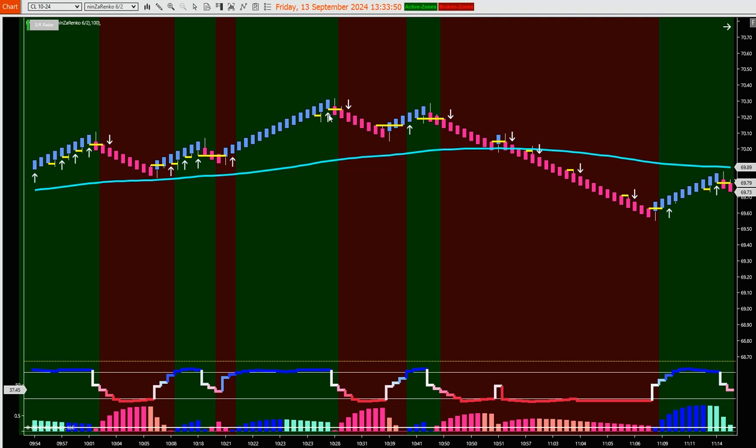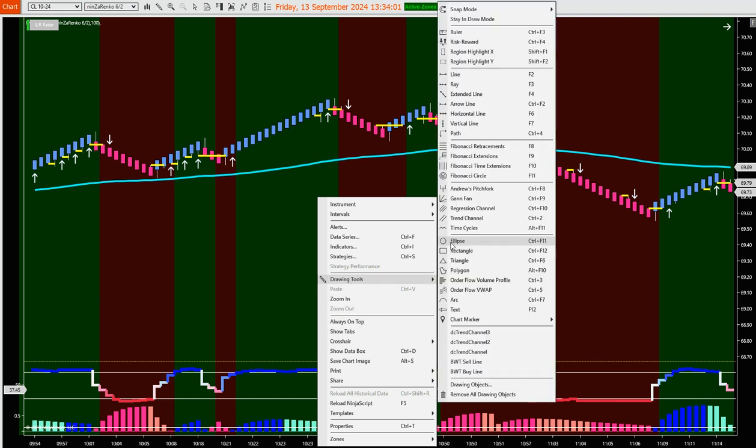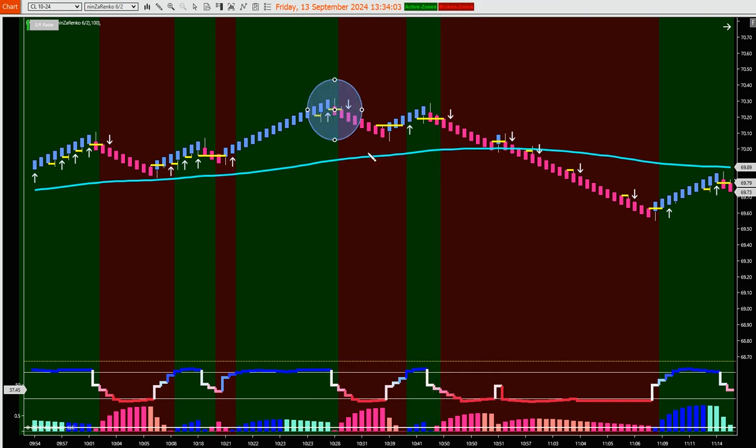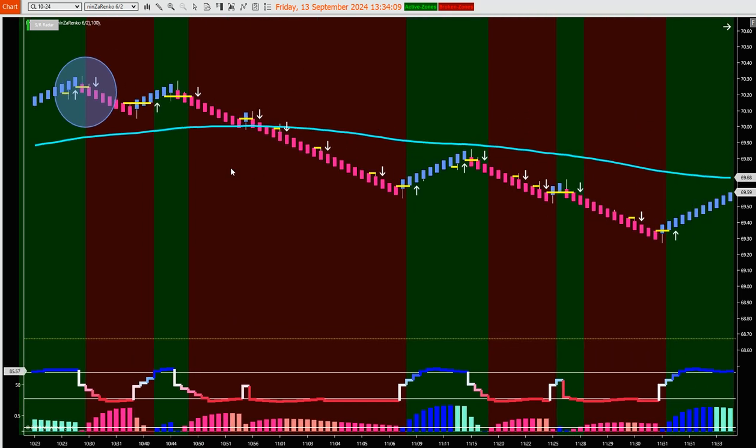So if you would have taken this arrow, we have 1 loss. I'm going to circle the losses so we can keep track. We have 1 loss. This is good for a scalp.